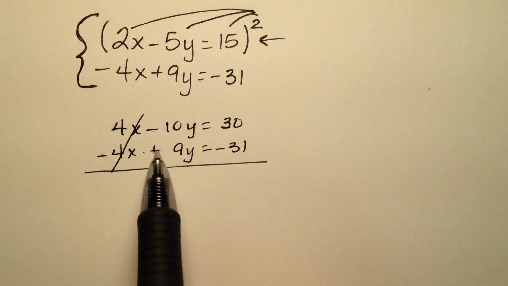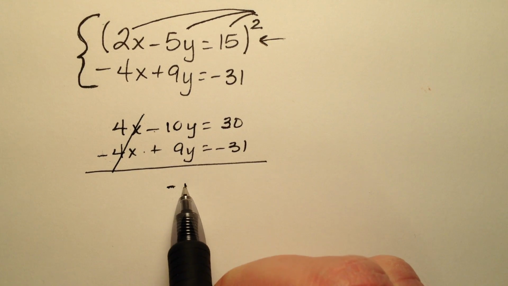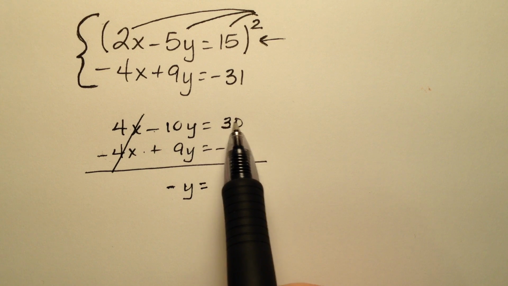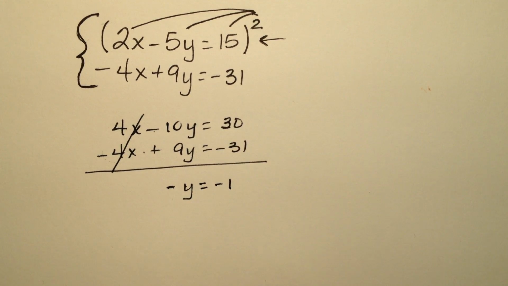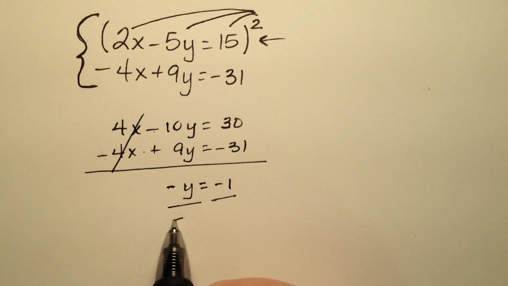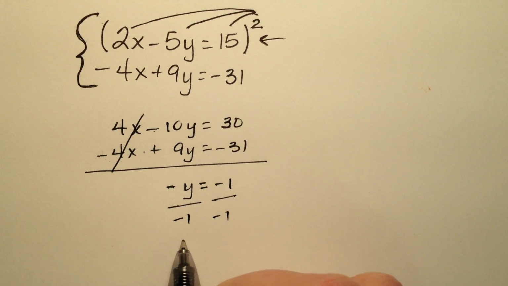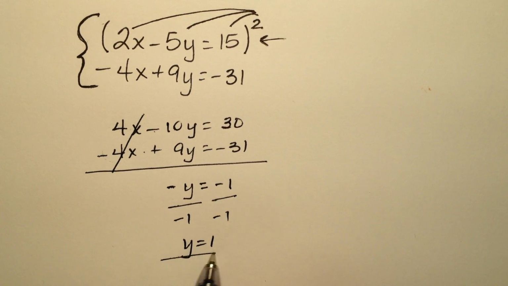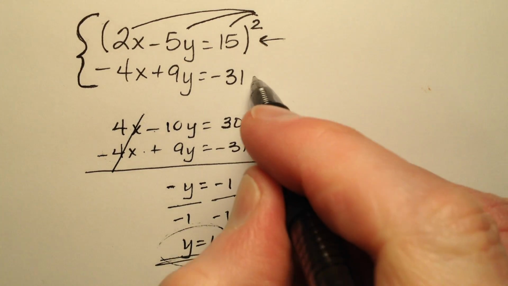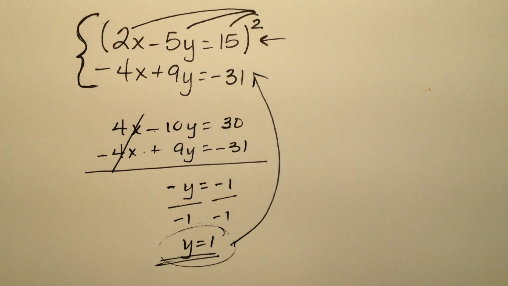So now we have negative 10y plus 9y is negative y, and 30 minus 31 is negative 1. So when I divide both sides of the equation by negative 1, my y value will be a positive 1. So now that I have the value for one of my variables, I can plug it back into one of these original equations to find the value for x.